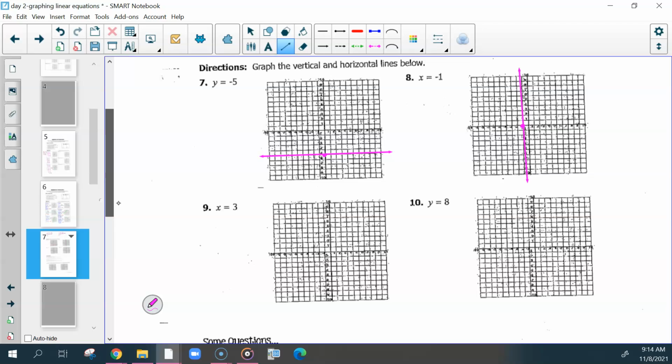Do 9 and 10 really quickly. I'll give you 1 minute.